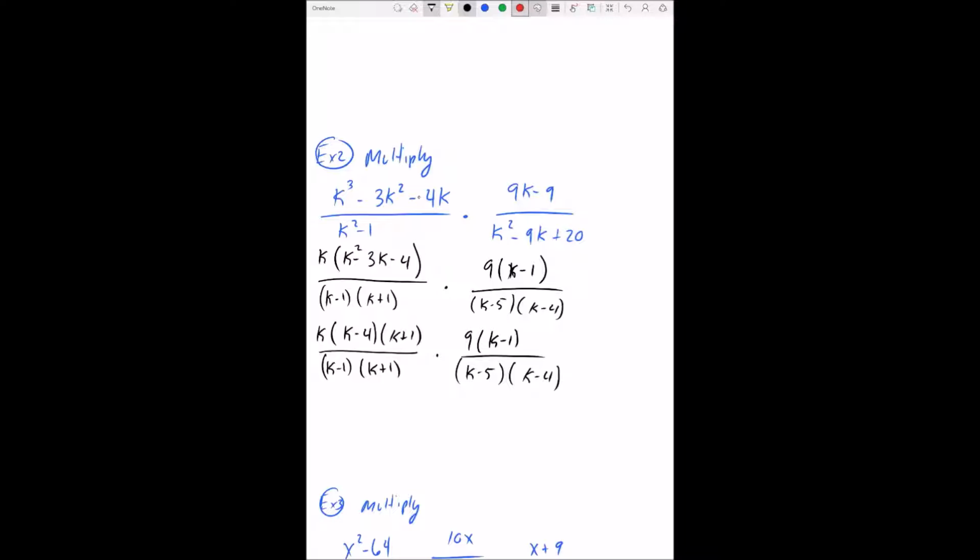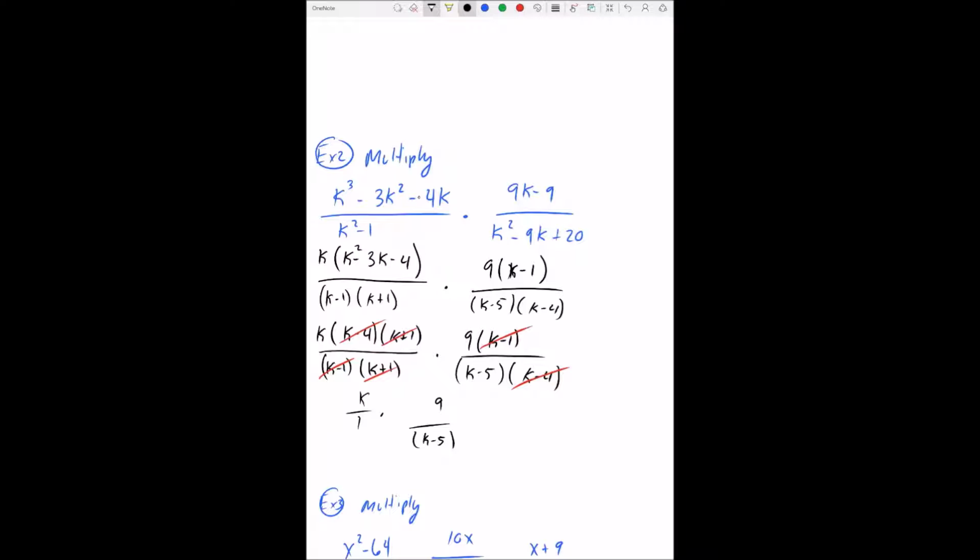Is there anything we can cancel out? Well, these k plus 1s can go away, and nothing else top and bottom. So what about diagonally? Well, we have k minus 1 and k minus 1, and k minus 4 and k minus 4. So let's write what we have left over. So here we have k over 1 times 9 over k minus 5.